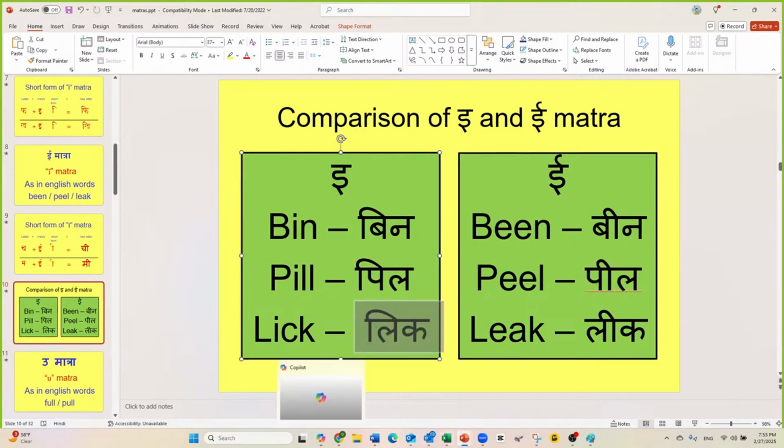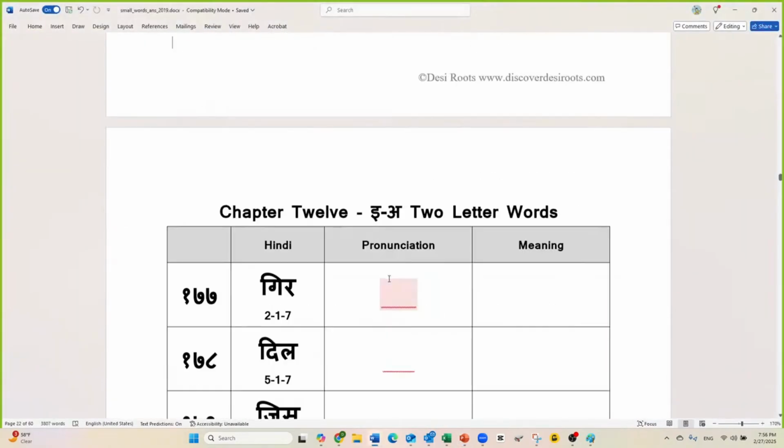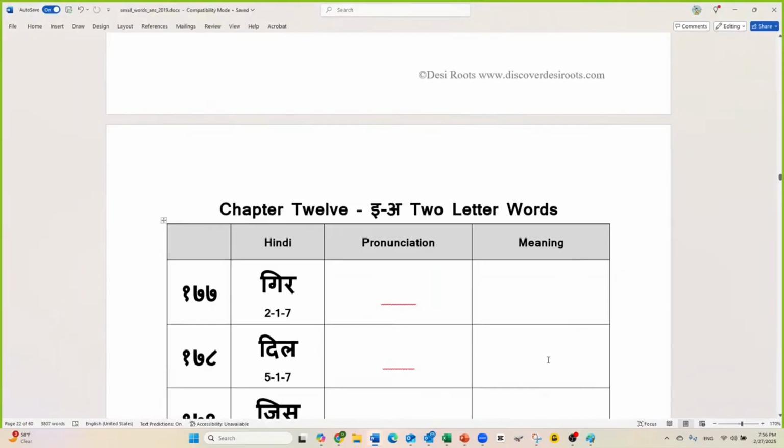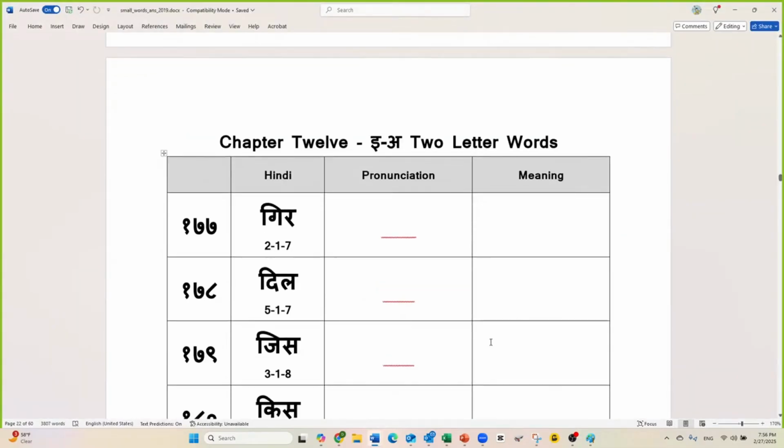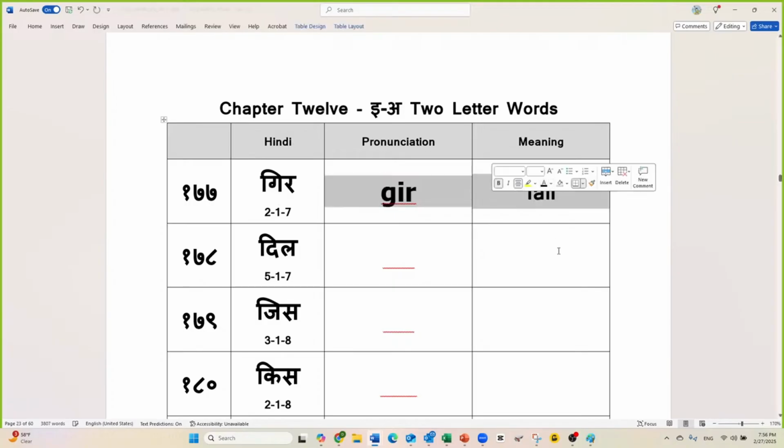Okay, so now the next chapter which you have, chapter 12, is the I matra words. I want Anisha to read the first word for me. This one is gir. Gir means to fall. Okay, go and write it down.